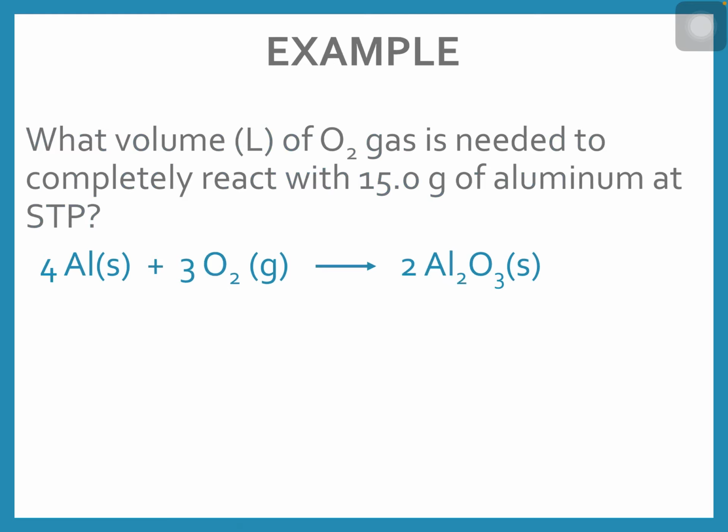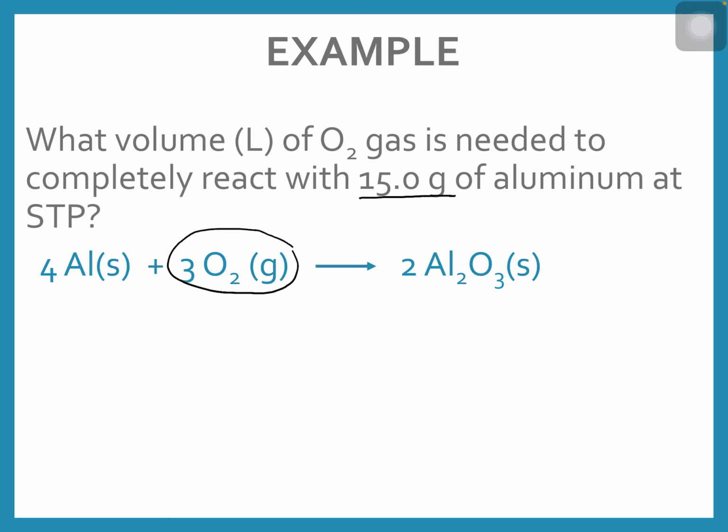And here we're also going to look at balanced equations. So if I have 4 moles of aluminum will react with 3 moles of oxygen to produce 2 moles of aluminum oxide, I need to calculate how much this is in a volume, so how many liters that is.